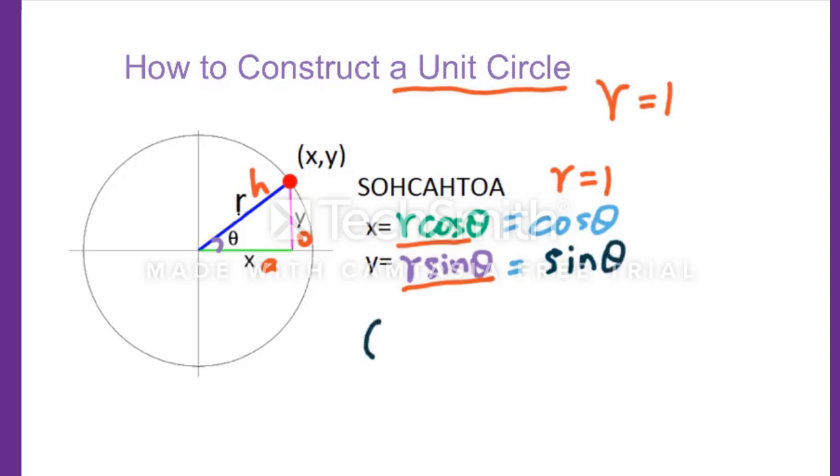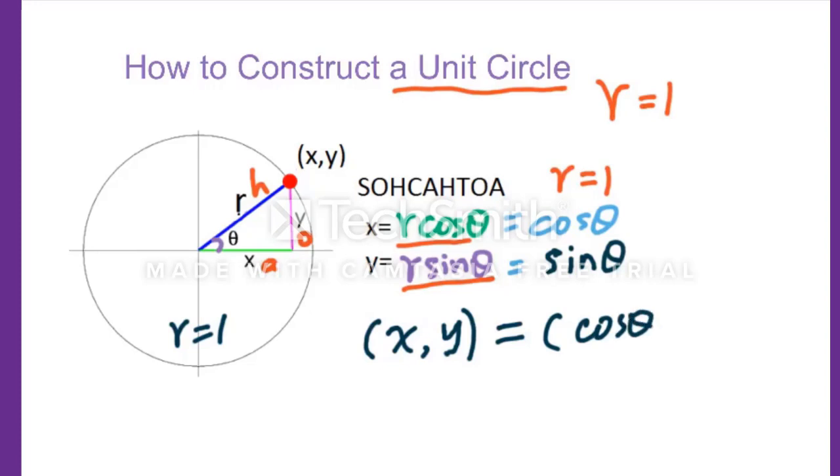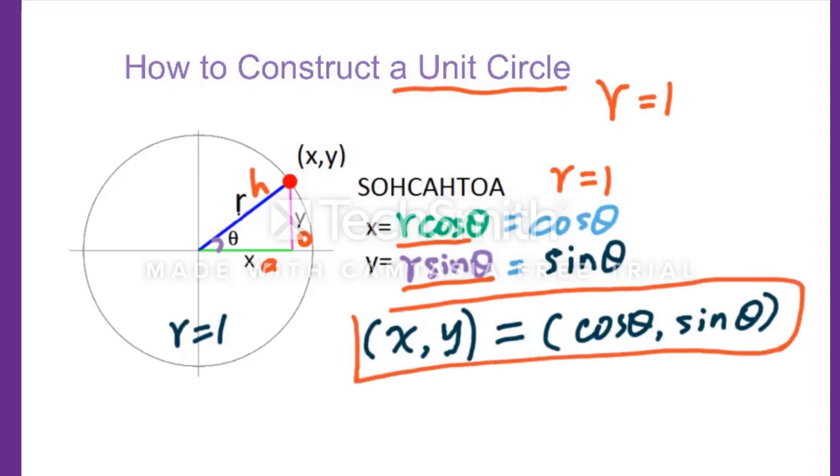In other words, for a unit circle, r equals 1, then the coordinate x, y will be cosine theta and sine theta. This is a very important fact when you construct a unit circle. So let me write down here: any point on a unit circle, the coordinates will be cosine theta and sine theta.